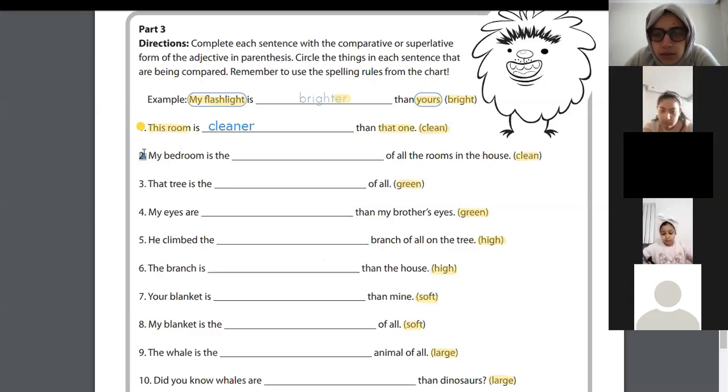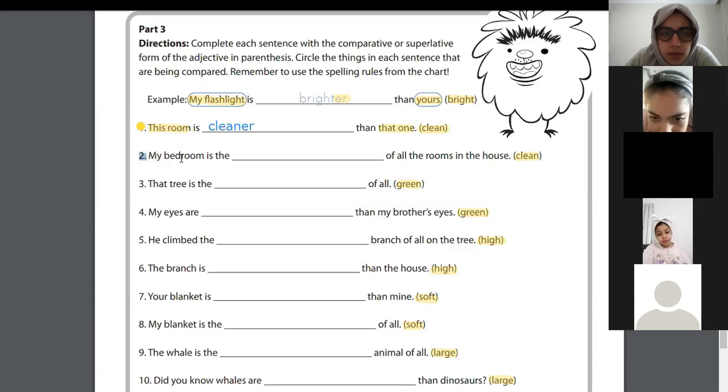Can you read number 2, please? My bed. Bed.